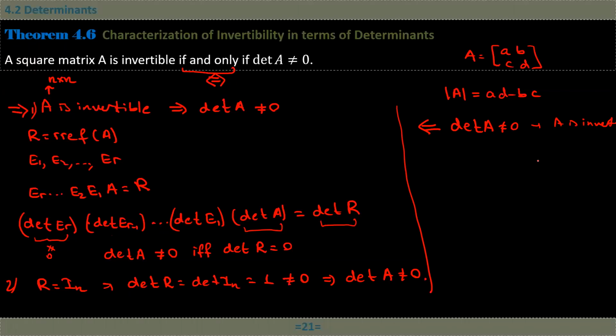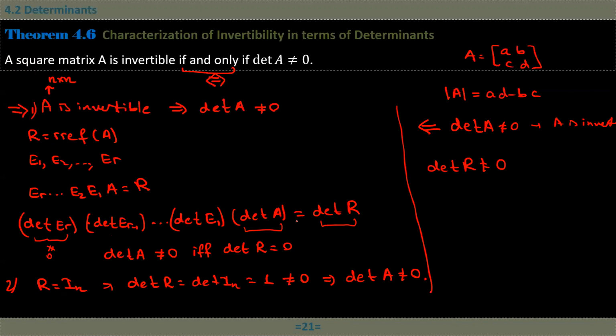Right? So how do we show that? If the determinant of A is not equal to 0, then because of this equation, the determinant of R also cannot be equal to 0, because we have this relationship here.